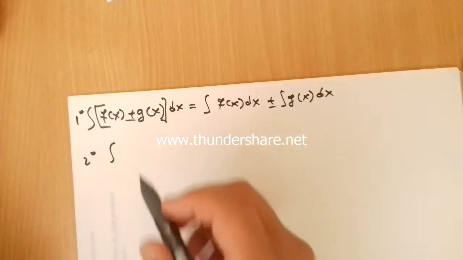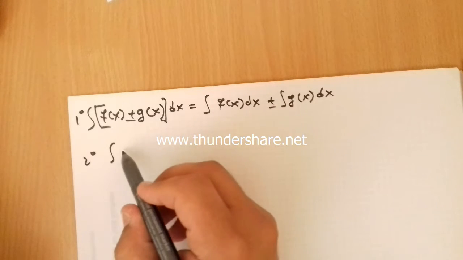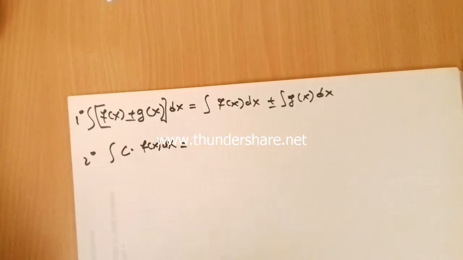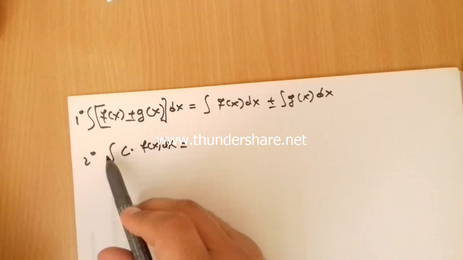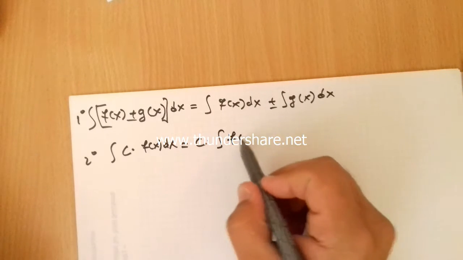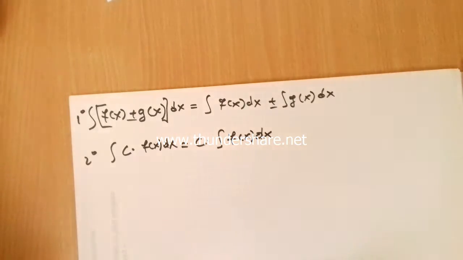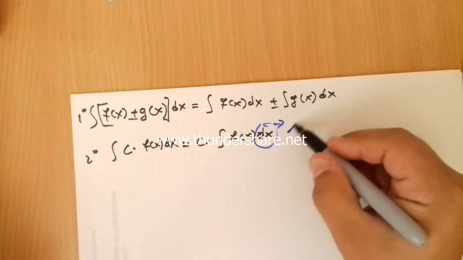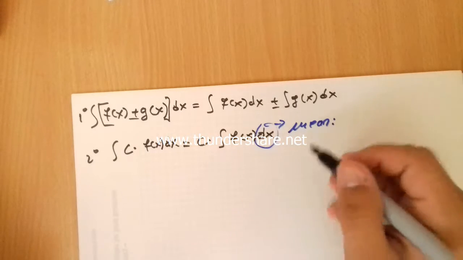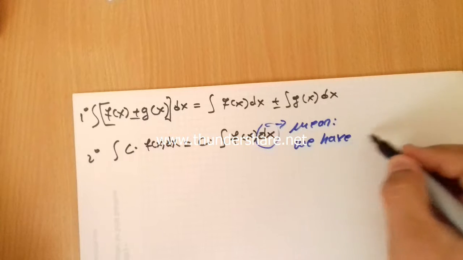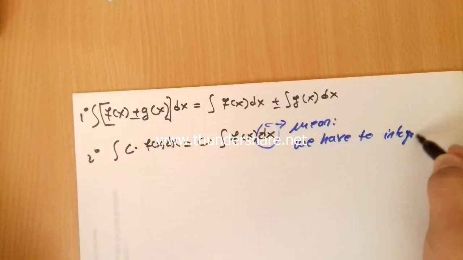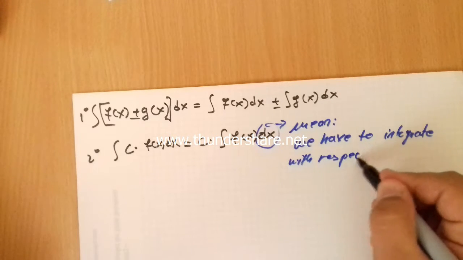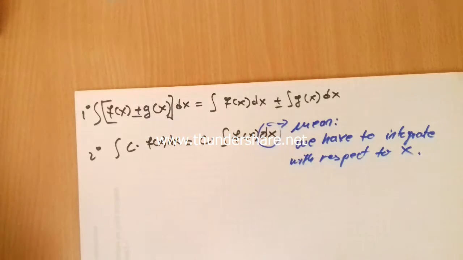The second one is, for example, the integral of a constant times f of x dx is equal to c times the integral of f of x dx, the constant goes before the integral. So this dx means that we have to integrate with respect to x.